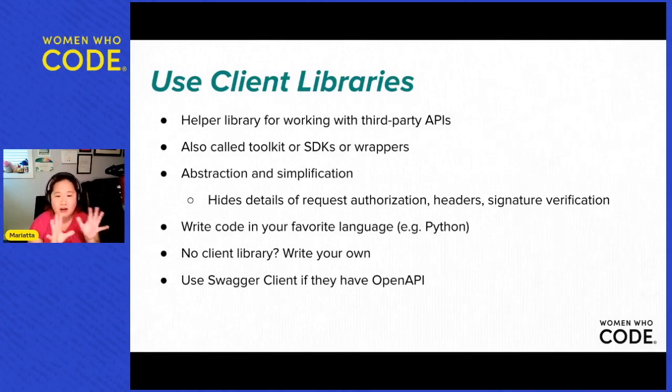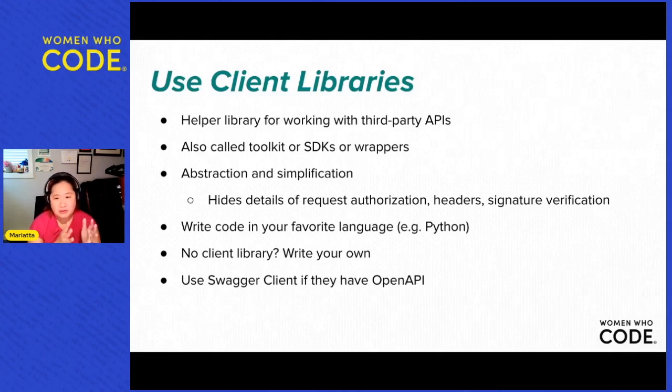These are all basically client libraries. And the purpose of using client libraries is to provide abstraction and simplification. The client libraries can help hide lower level details like request headers and authorization, things like that. So client libraries are important.